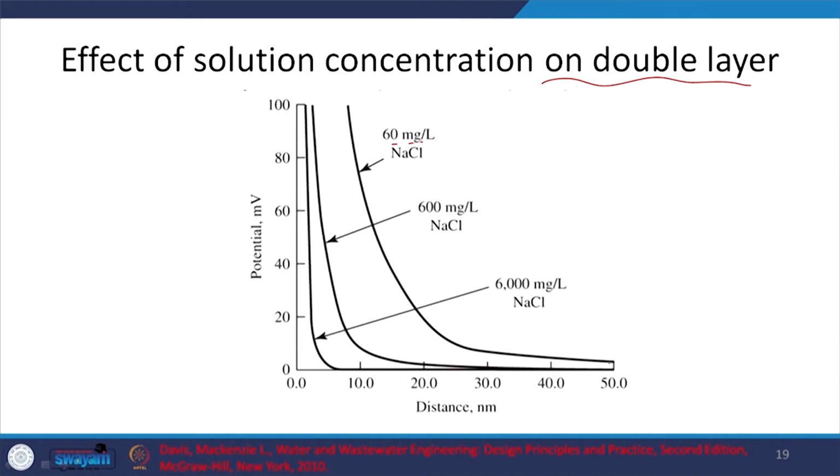As we go towards the particle, it is increasing. If I increase the ionic strength by adding 600 milligram of NaCl, I see this profile. And if I increase it tenfold, one order of magnitude further, this is the repulsion that the particle will experience as it moves towards our particle of interest. So that's something to keep in mind.